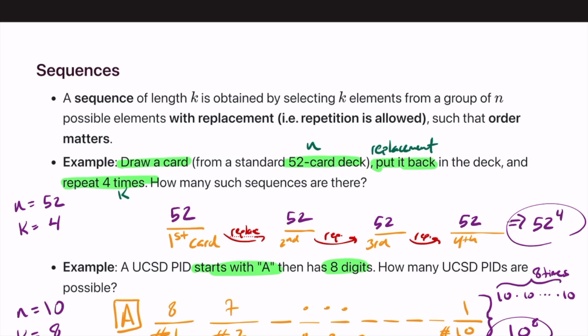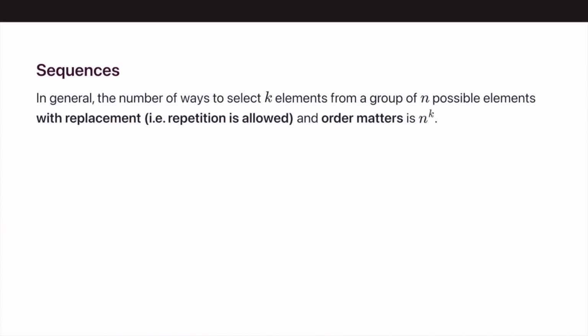So is there a general idea from sequences that we're able to extract from this so far? Well, we've been following this idea that we have a first element, and then a second element, and then some kth element.